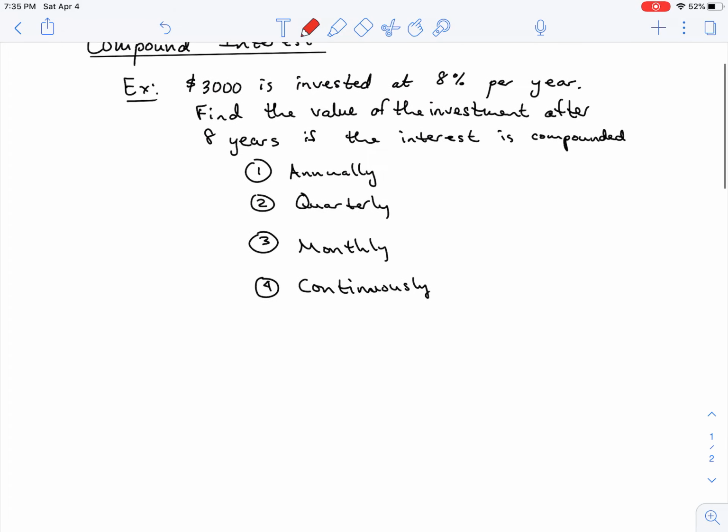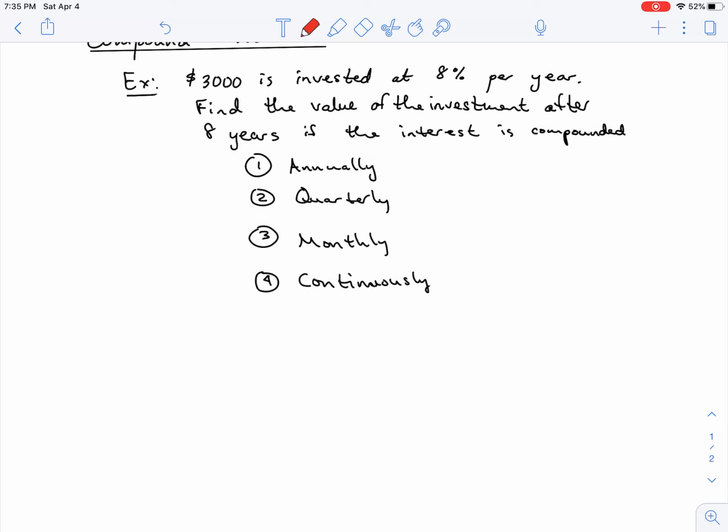Now, importantly, to do compound interest for anything but continuously, you'll have the following model. So compounded n times per year, you get the following model.